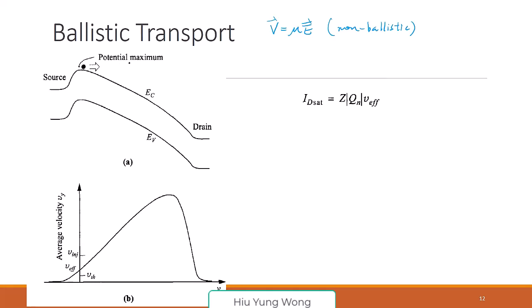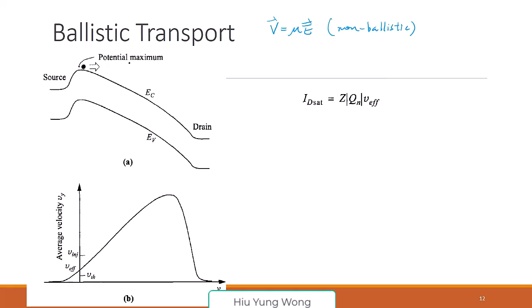This is the electric field. Think about you run over the cliff and you're not hitting the air. No air friction. You will just keep going, right? And that is called ballistic transport.